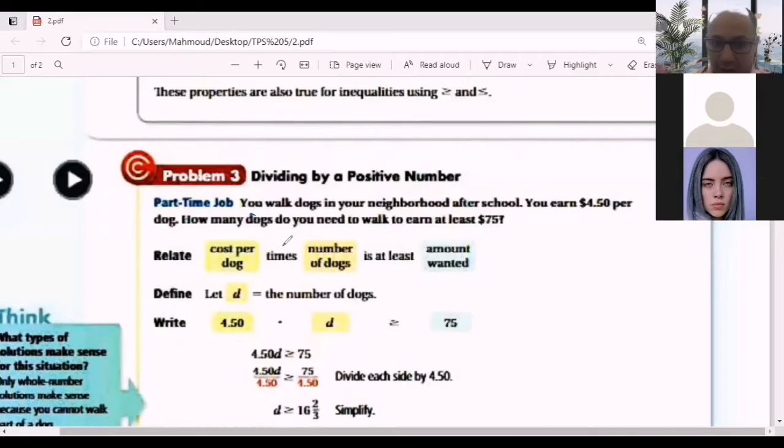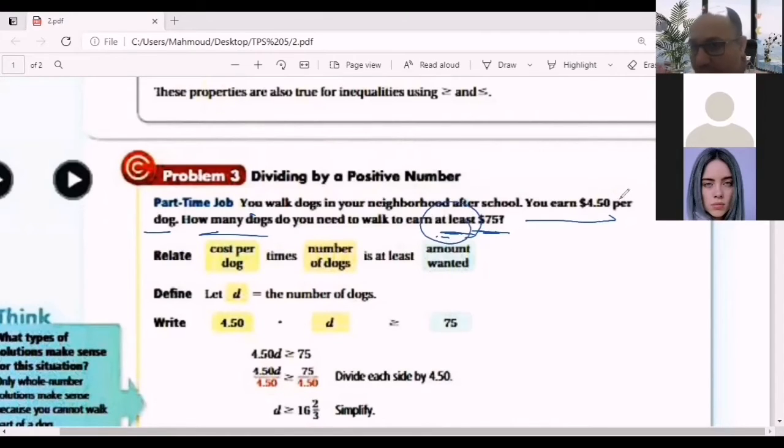You will earn 4.50 per dog, and I need to know how many dogs you need to earn at least 75. Okay, we have now the keywords.